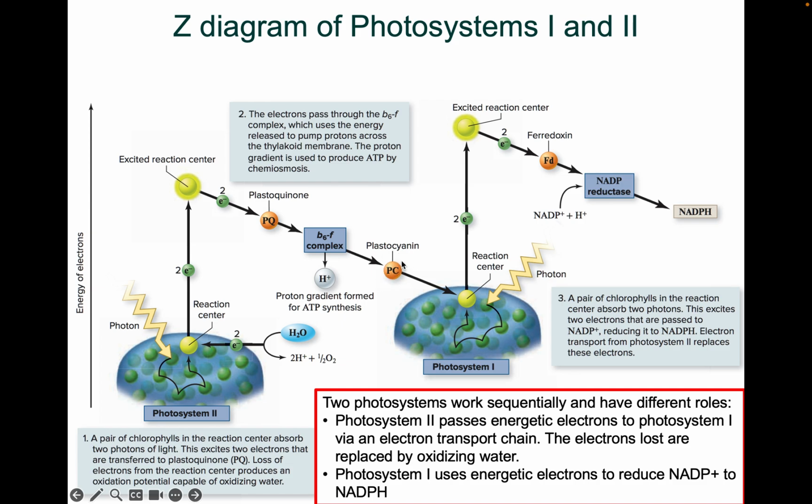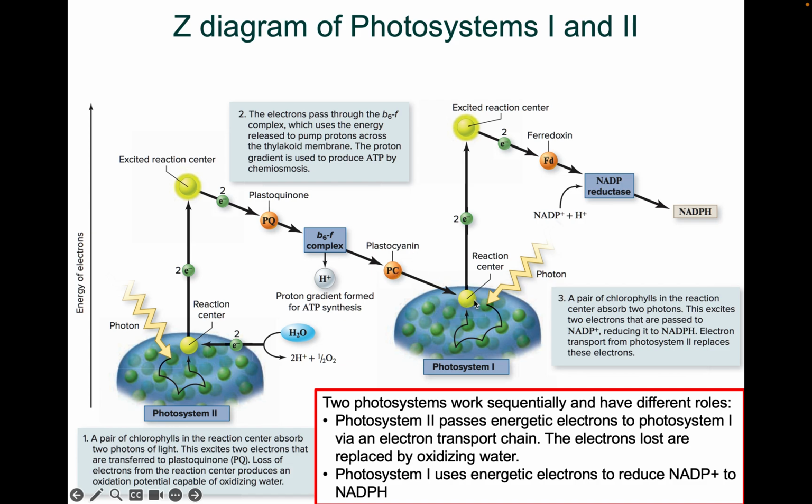So let's stop here. In photosystem 1, it's going to do the same thing, where its antenna complex takes a photon and funnels the energy into the reaction center, and now the reaction center is going to release two electrons. Now remember this reaction center over here is now positive because it lost two electrons. The plastocyanin will now become the electron donor, so it passes its electrons to it.